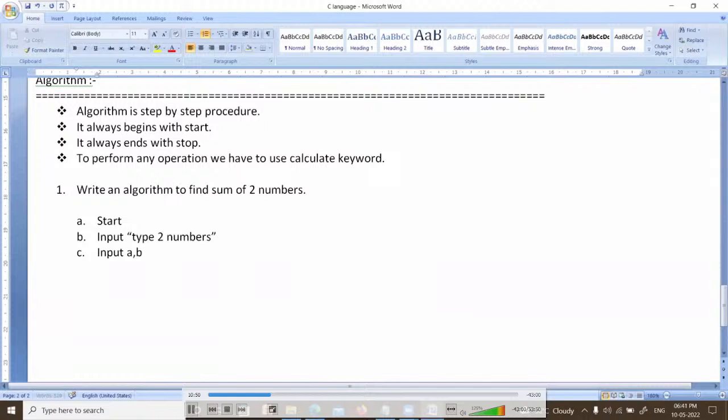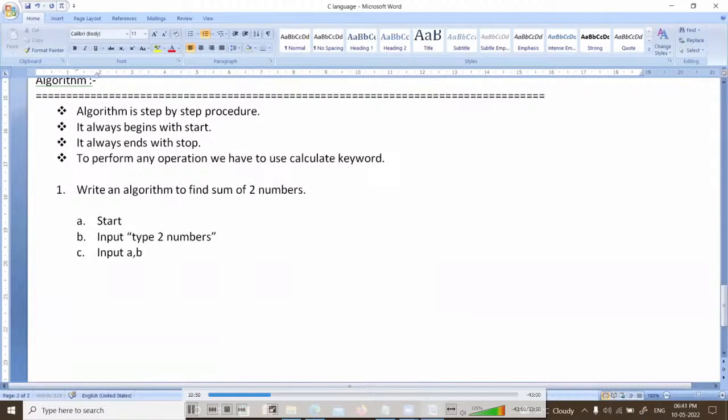Listen carefully. What is algorithm? Algorithm is nothing but step-by-step procedure to solve a problem. Algorithm always begins with which keyword? Start keyword. Algorithm always ends with which letter? Stop letter. To perform any operation, which keyword I have to use? Calculate. Calculate keyword I have to use. To read the data, which keyword I have to use?